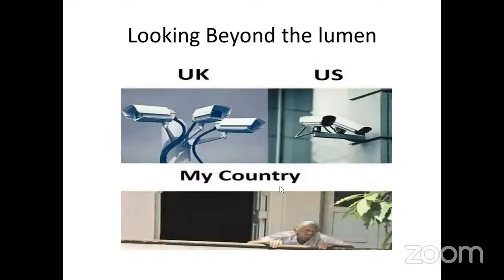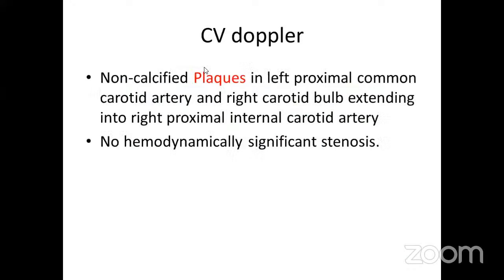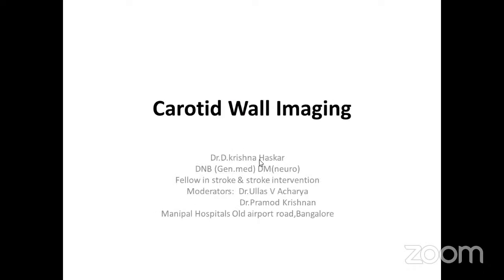If we see carefully on the carotid Doppler, there are non-calcified plaques in the left and right proximal carotid arteries without significantly causing hemodynamic stenosis. So in this situation, we need certain images and sequences to study these plaques. With this introduction, I go into today's topic, carotid wall imaging.